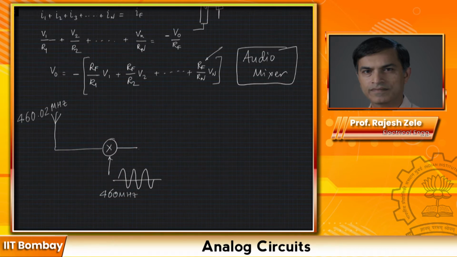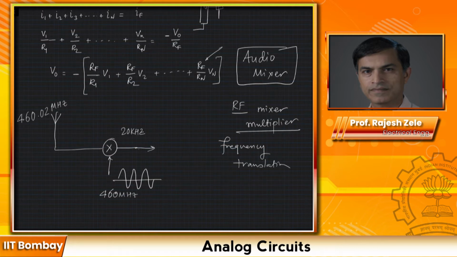The low frequency term here will be, let's say, 20 kilohertz, and that 20 kilohertz is what we call a baseband signal, and we process it. So in the context of RF circuits, mixer means multiplier, where we do frequency translation. And in the original example, mixer just means you add everything together. Just a subtle thing you should know.